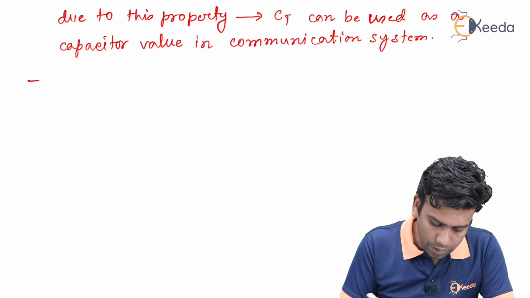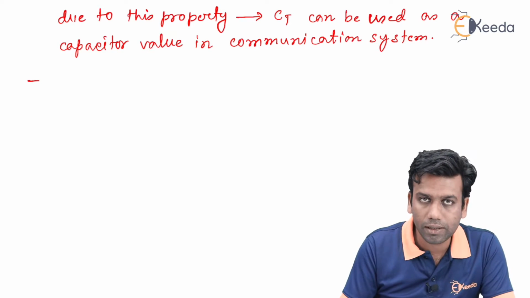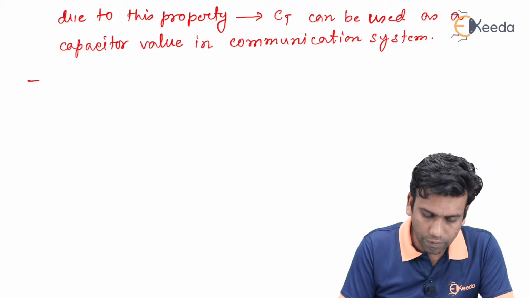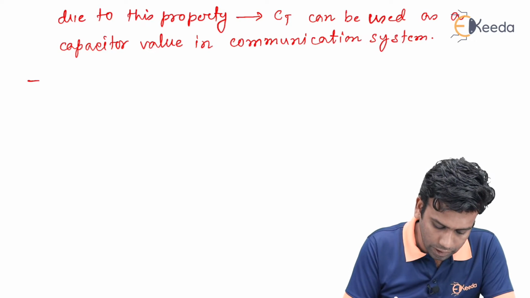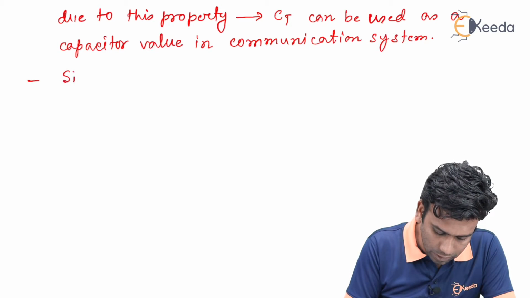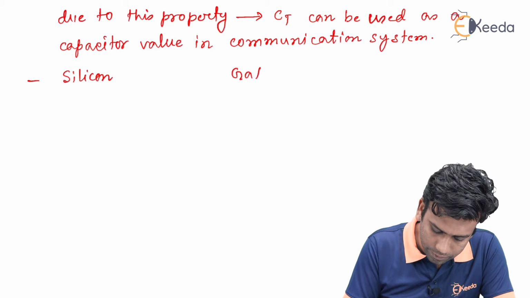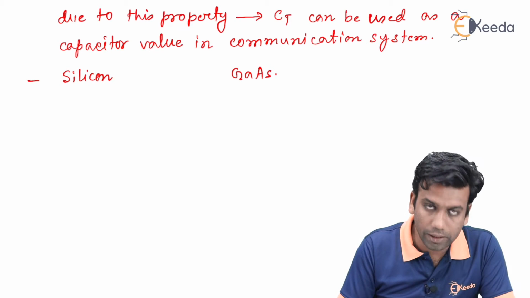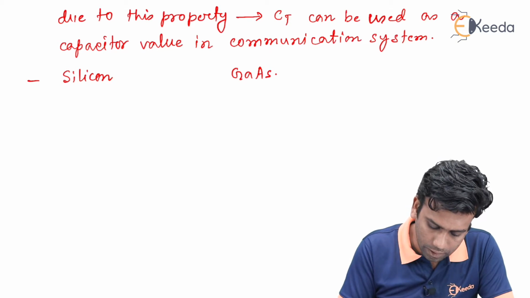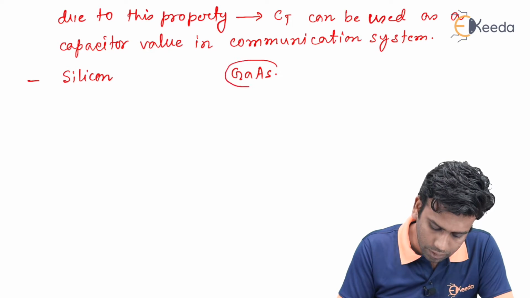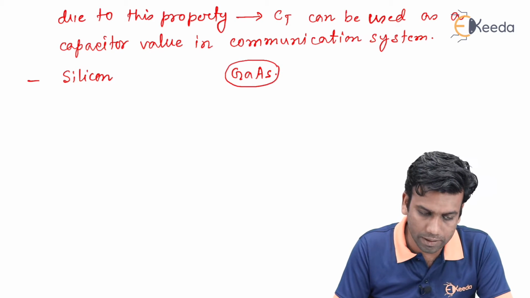Now, the materials that are used for the Varactor diode are silicon and gallium arsenide, and the most widely used material is gallium arsenide.